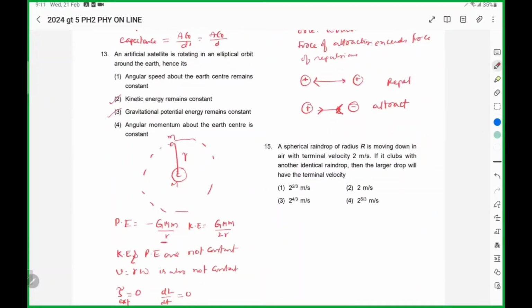When a raindrop is moving down in air, that is a viscous medium, there is a force of buoyancy as well as a viscous force, 6 pi eta r v, which opposes the motion.